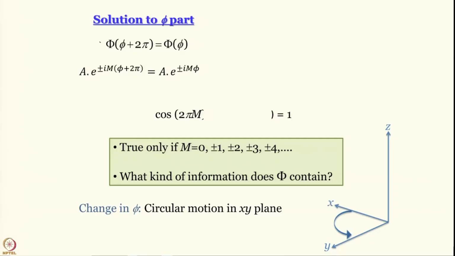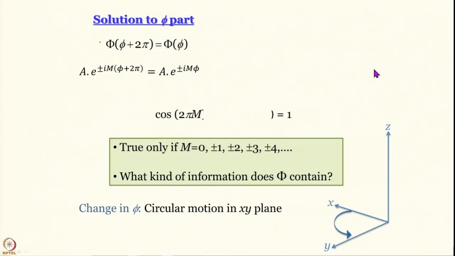What is angular momentum in z direction? Nobody has said that the rigid rotor is actually rotating in xy plane, it can rotate in whichever way possible. But what we are saying is that when we talk about phi, then we only consider the motion in the xy plane part. So, the angular momentum associated with that would be normal to the xy plane, or in other words it will be the angular momentum along z axis.